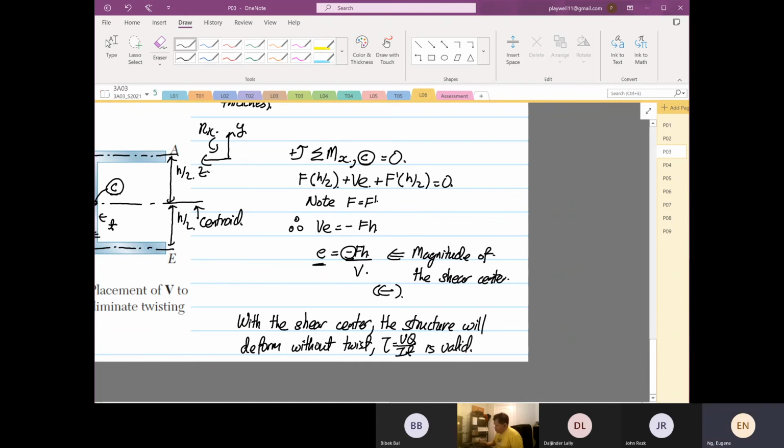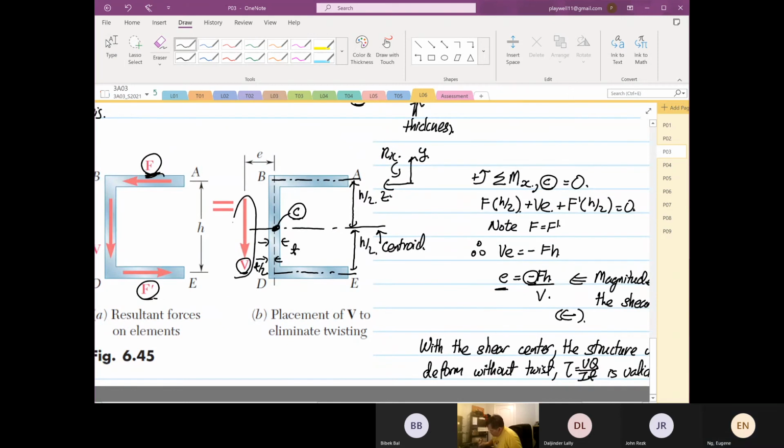Okay. So only if you apply the shear force, okay, at a certain distance E away, you eliminate the twist, then you can use VQ over IT.